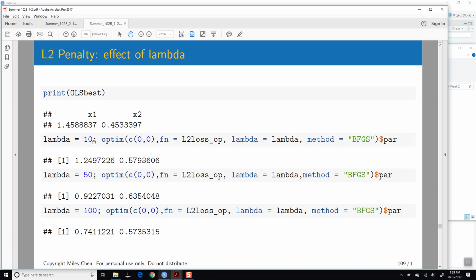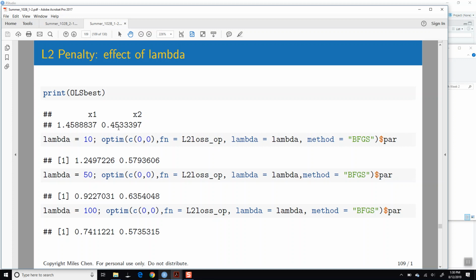So here I start with lambda equal to 10, and we're going to optimize these. The OLS coefficients, again, are 1.458 and 0.453397, okay? As I increase my lambda, look what happens. This decreases from 1.45 to 1.249 to 0.92 to 0.74. But look what happens to x2, the coefficient for the x2 variable.